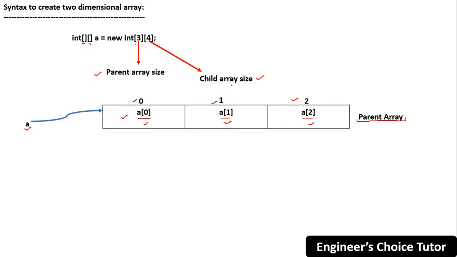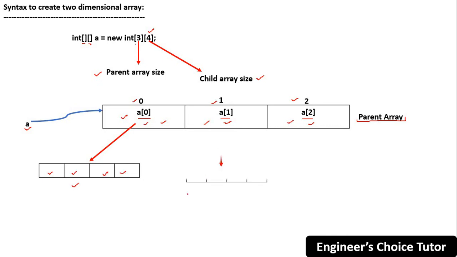Now see the child array size. What is the child array size here? 4. Okay, so for every element one child array is present, right? For this a of 0, this is the child array which has size 4. See, 1, 2, 3, 4.